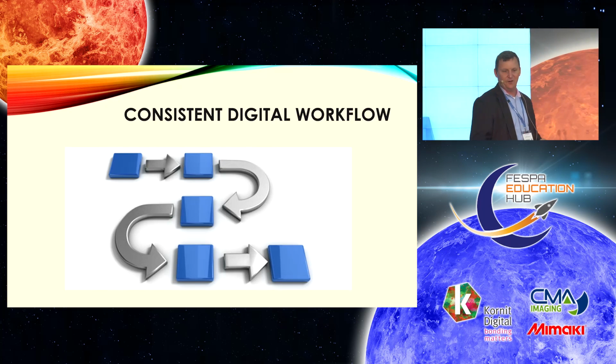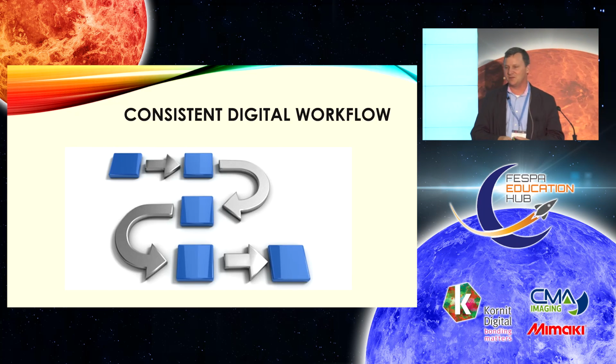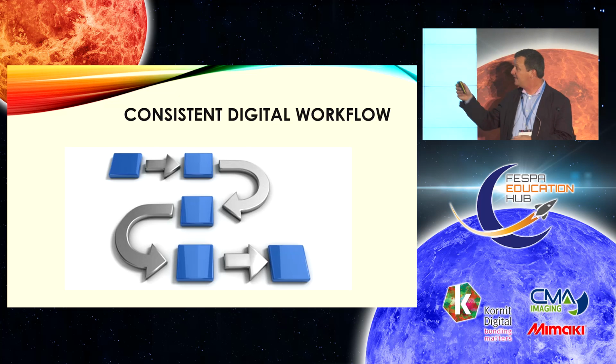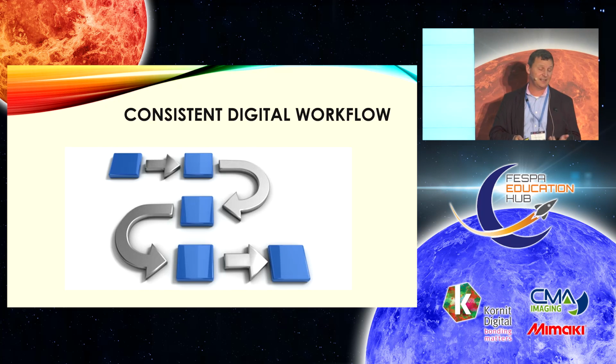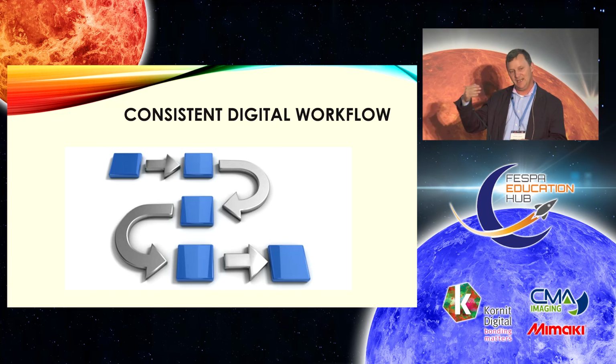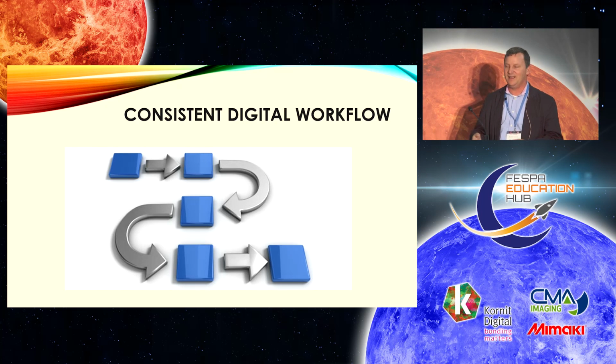Maybe there's some color conversion. Maybe you have certain specs for setting up your customers' files, into what color space you put them in. That all has to be consistent. And again, it's about consistency, putting known items into the RIP or into the printer and getting an expectation back out of it.